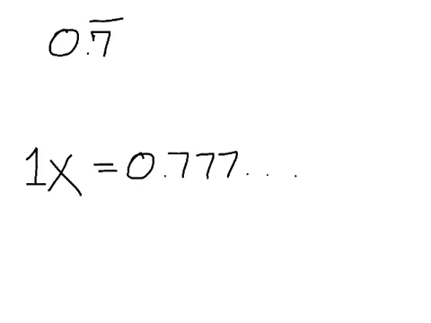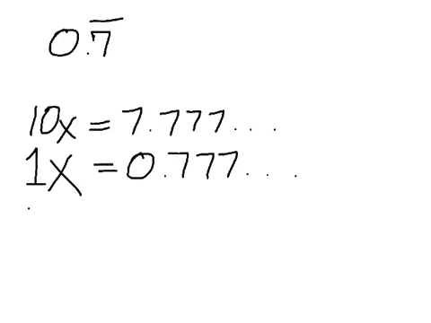So if it's 0.7 repeating, the x is equal to 0.7 repeating. That's what it's equal to. What's beside it is a 1, even though you don't write it. You never write 1 beside x, but I'll do it this time. Then if you multiply by 10, you get 10x. So it bumps the decimal place one place to the right.